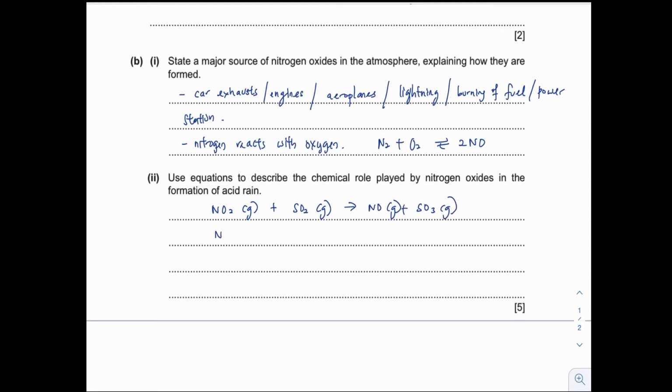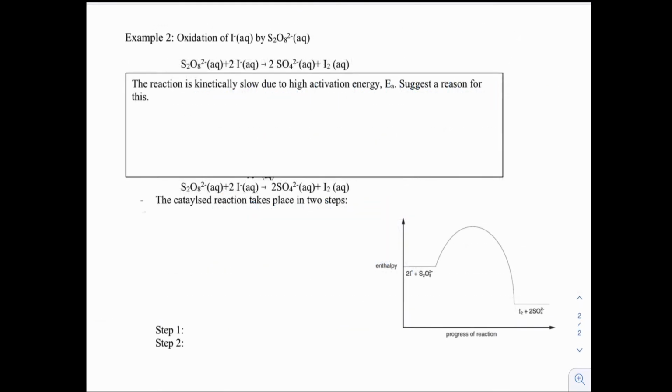For step 2, the NO gas will regenerate back the catalyst, which is forming back the NO2 gas. And for step number 3, the SO3 gas, which is formed from here, will react to form sulfuric acid, which is the acid rain.